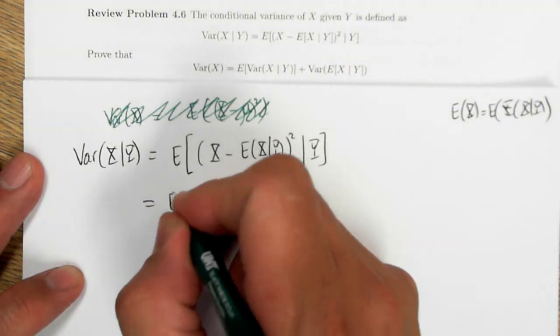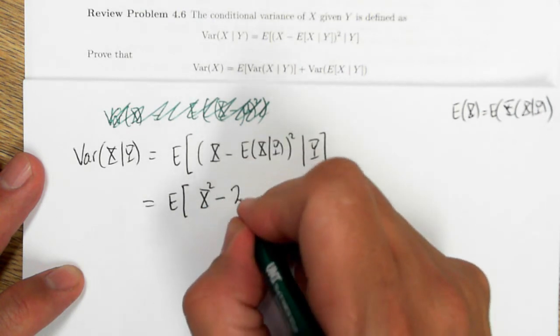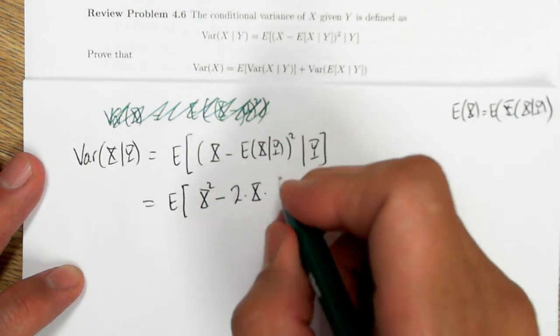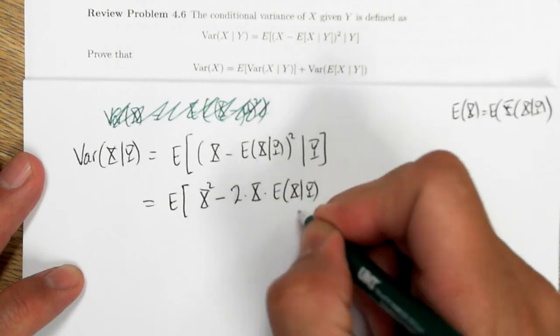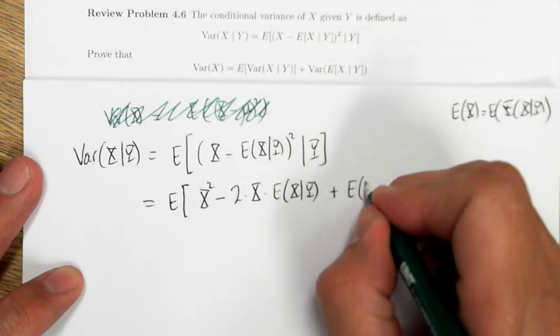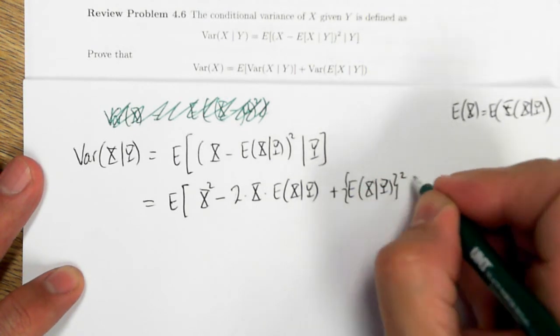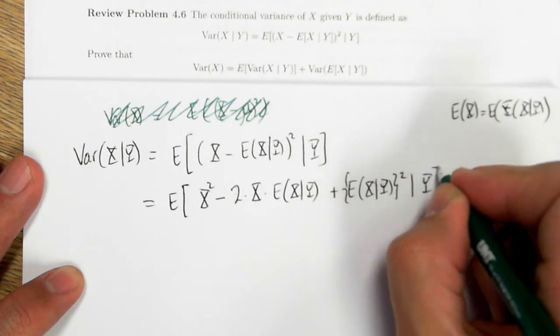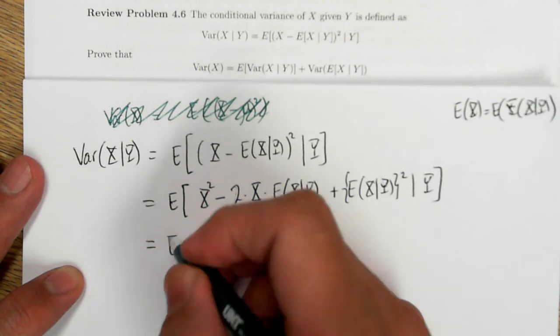So squaring out, we get the expected value of X squared minus 2 times X times the expected value of X given Y, plus the expected value of X given Y squared, given Y. Okay, so let's split this up and try to divide and conquer here.